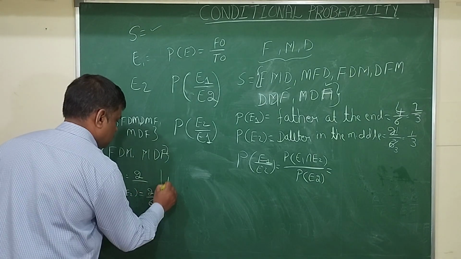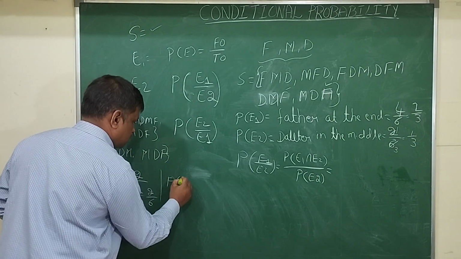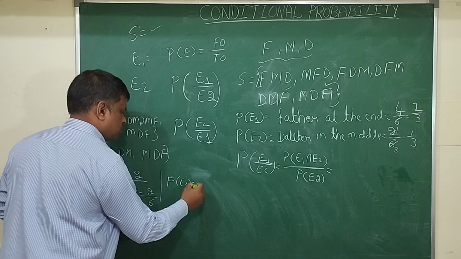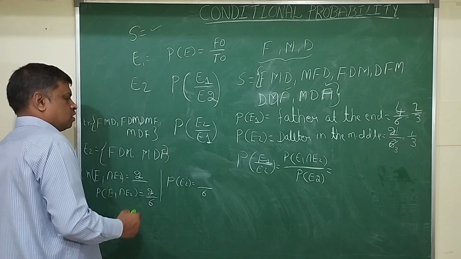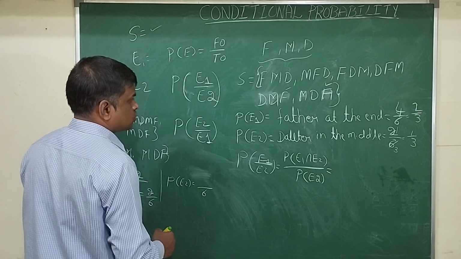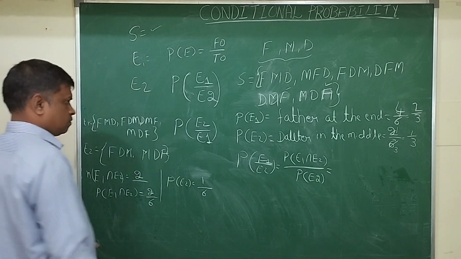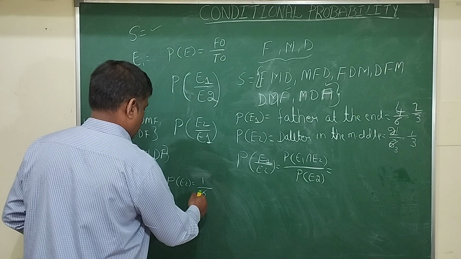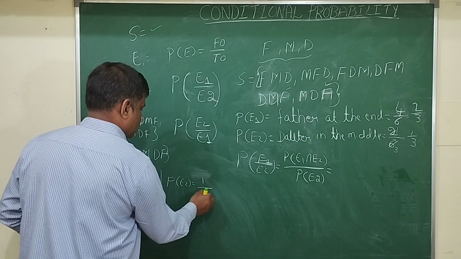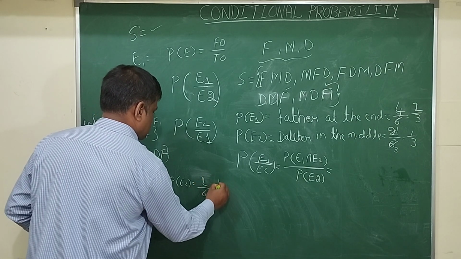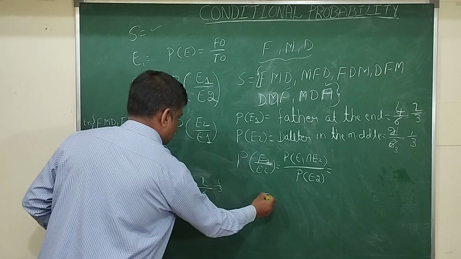Then what is the probability of E2? E2 we have to take with the sample space only. E2 is how much? 2 by 6 is 1 by 3. Substitute these values there.